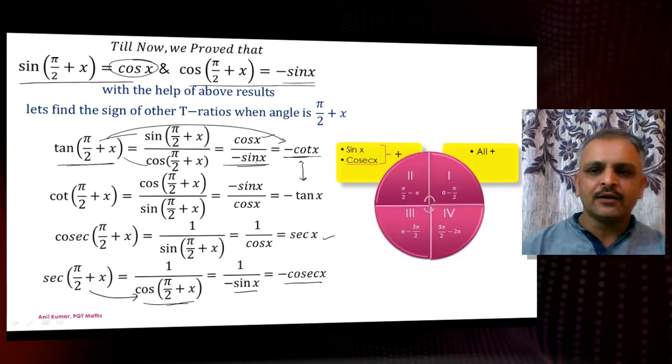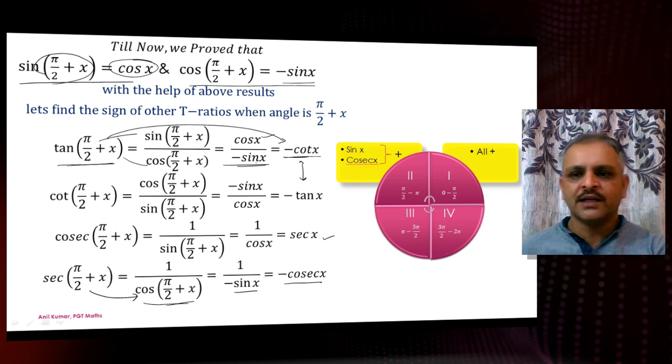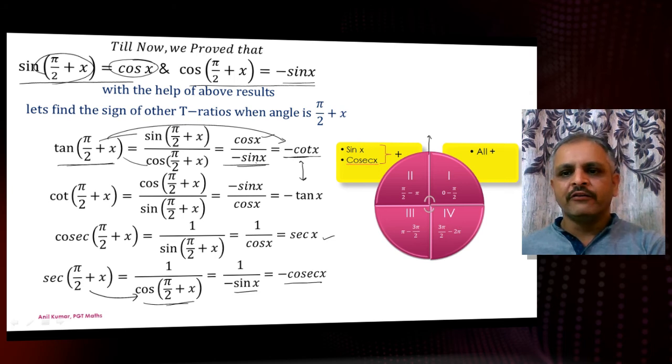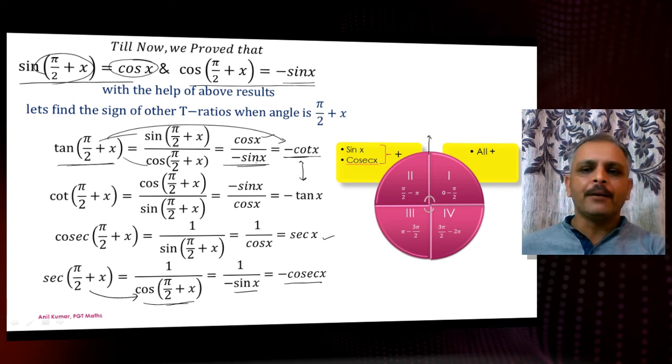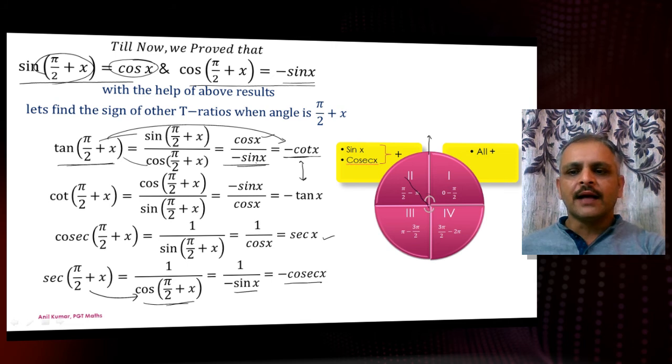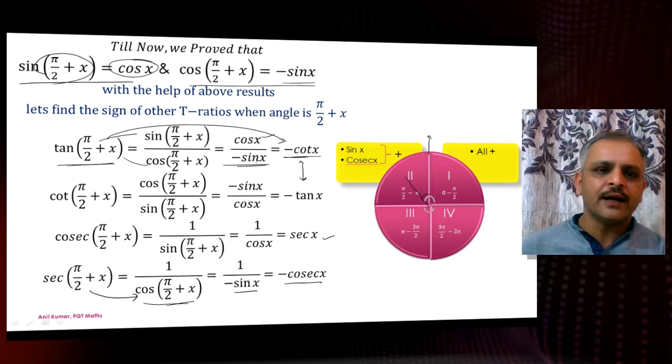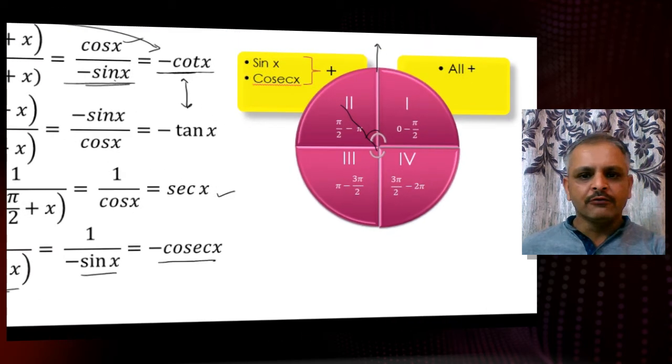So from here I can conclude that when my angle is pi by 2 plus x, the angle will lie in the second quadrant. In the second quadrant we can observe that sine is positive and the output of cosecant is positive.